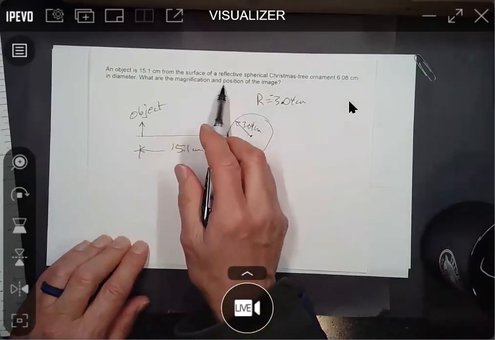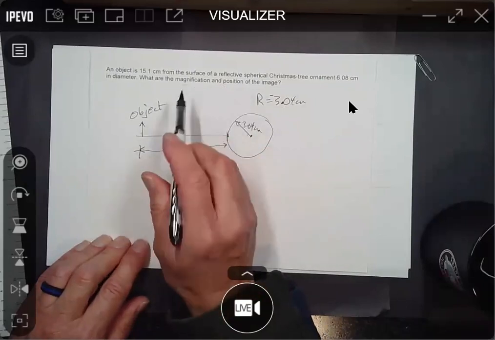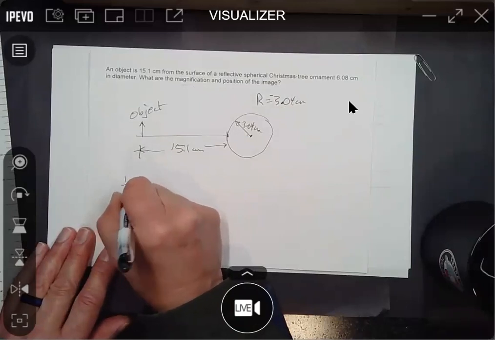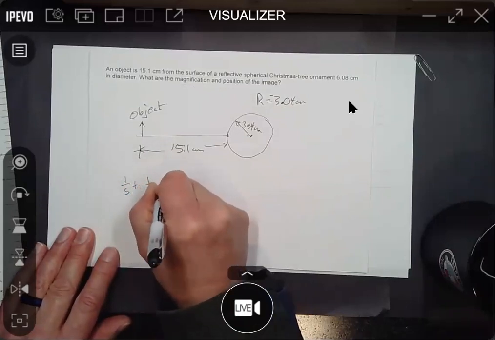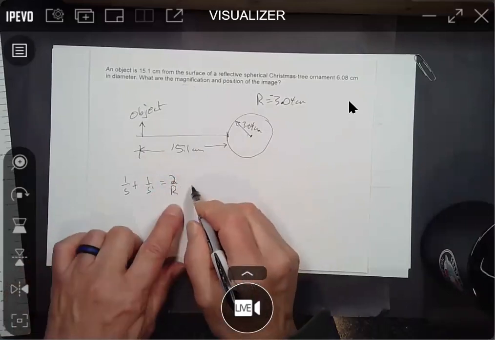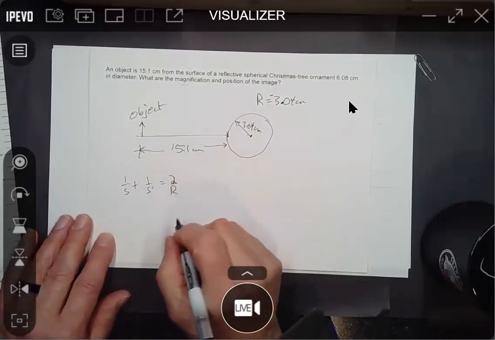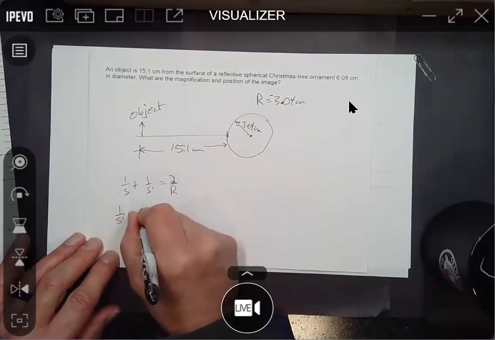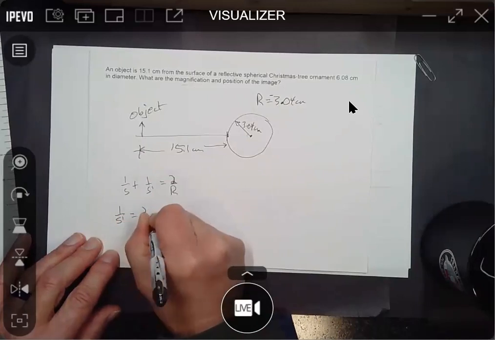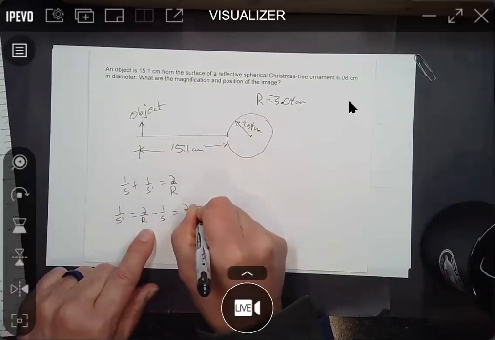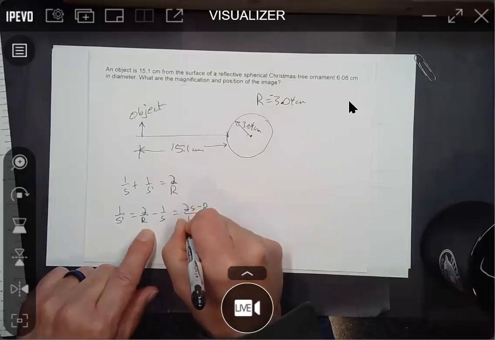Let's figure out the position first and then the magnification. So 1 over S plus 1 over S prime equals 2 over R. So 1 over S prime is 2 over R minus 1 over S, which is 2S minus R over RS.